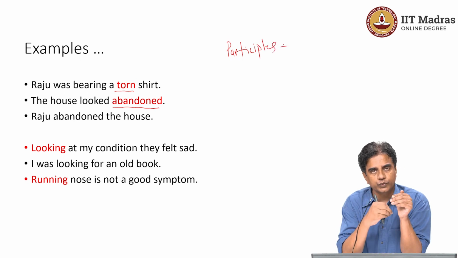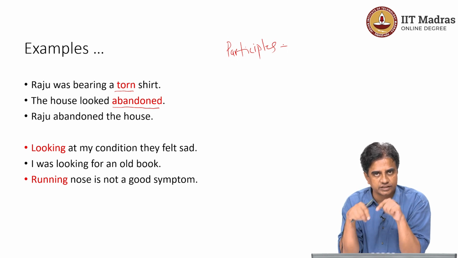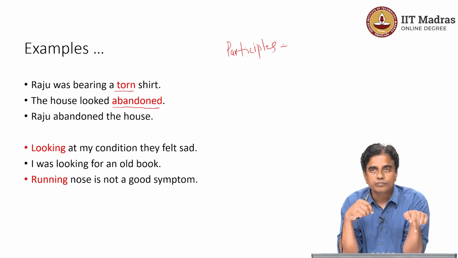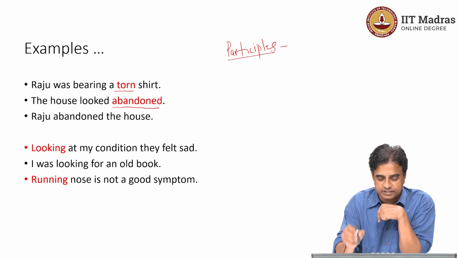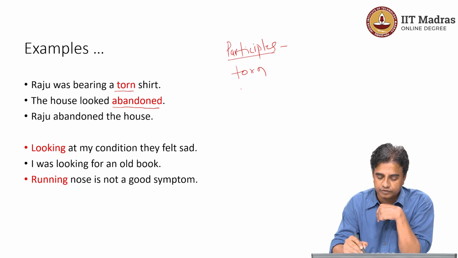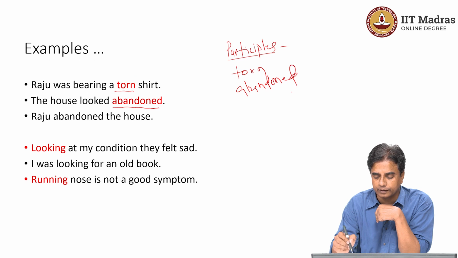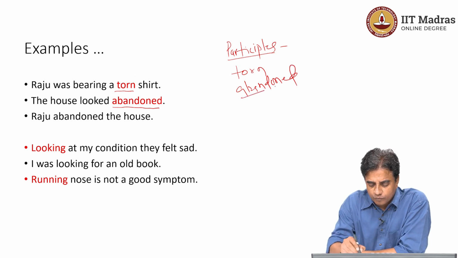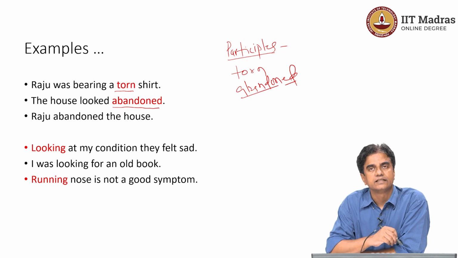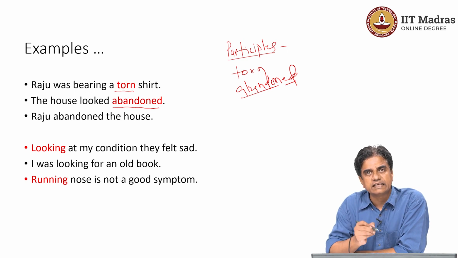And we are going to derive the following things that I am going to write for you from these examples. While looking at participles, we are looking at a word, torn. We are looking at a verb, abandon. These things are verbs where we are adding some element at the end of it.